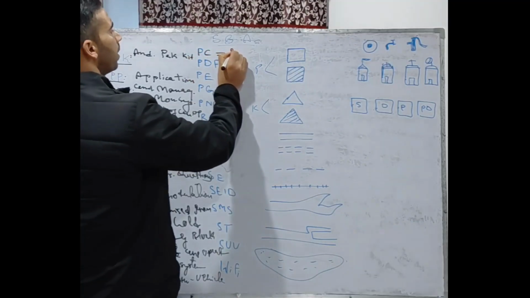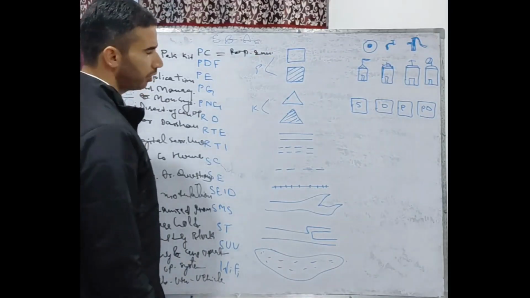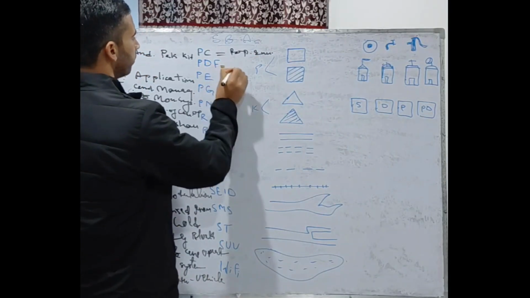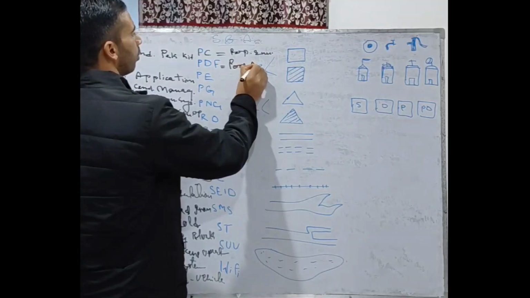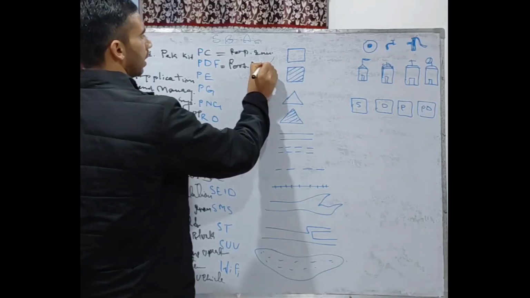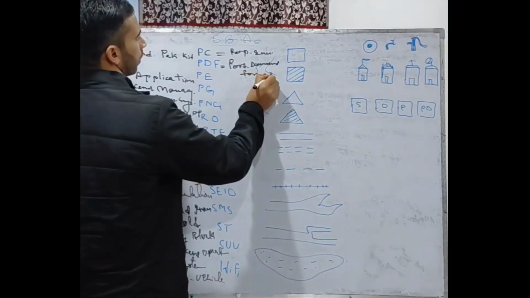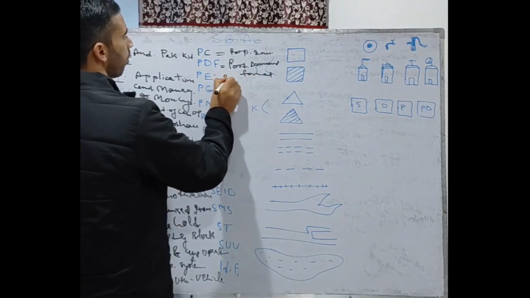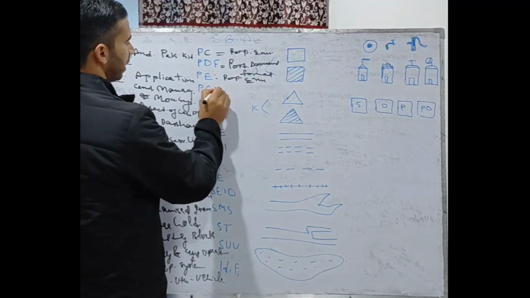PC refers to population enumeration. Then we have PDF. You know it is portable document format. Okay, then we have PE. It is population enumeration.